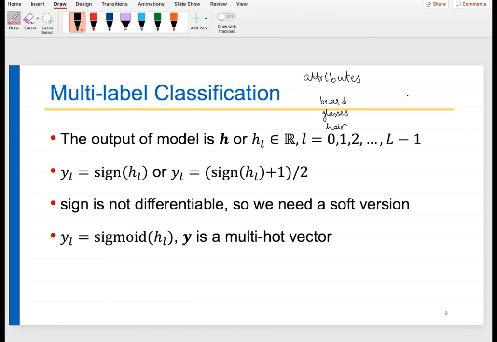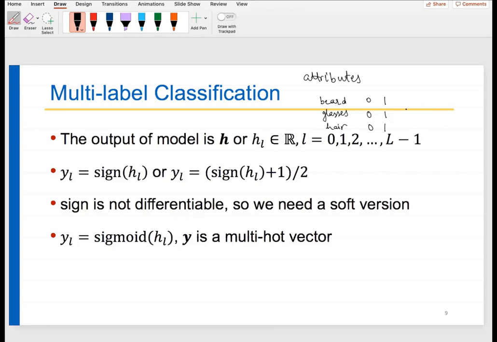It means I can define different binary attributes. I may have a beard, or I may not have a beard. I may have glasses, or I may not wear glasses. I may have hair, or I may not have hair. Similarly, mustache or lipstick, or so many things. These attributes I can define.